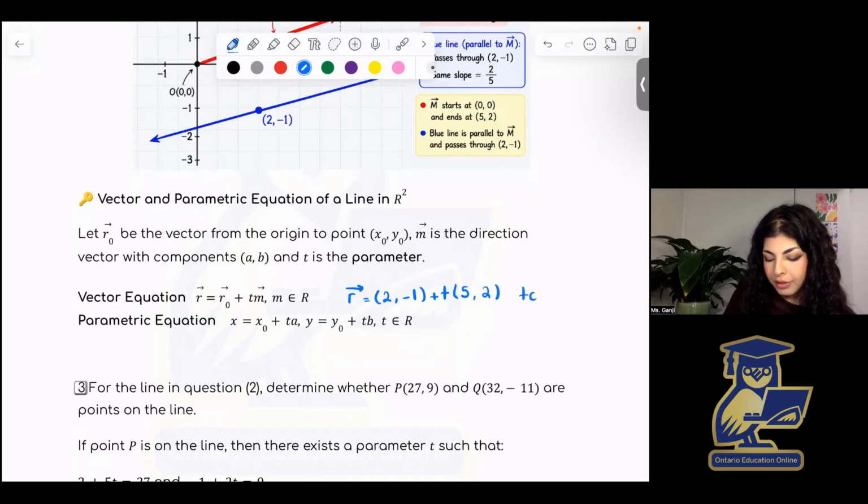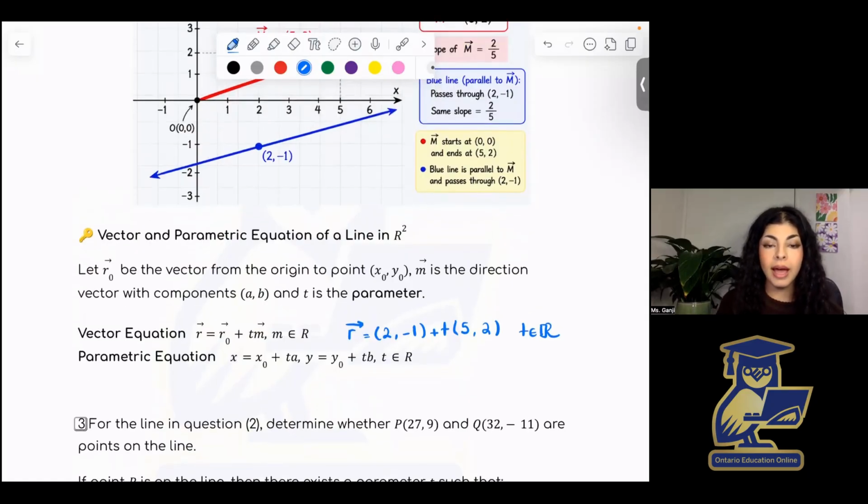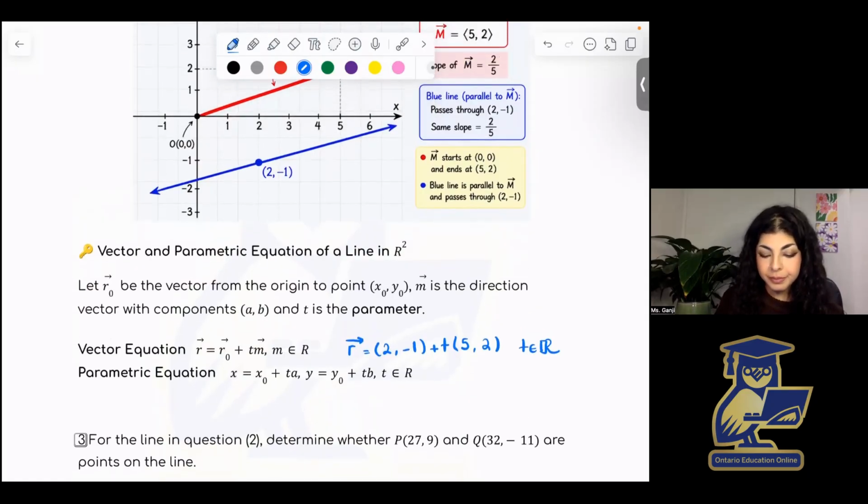We do also have to add that t is a real number. So this is now the vector equation of that blue line there. And again, remember, we're interpreting it. This is a given point on the line, and this is the direction vector. Any scalar multiple of the direction vector from this point will give us other points on this blue line.